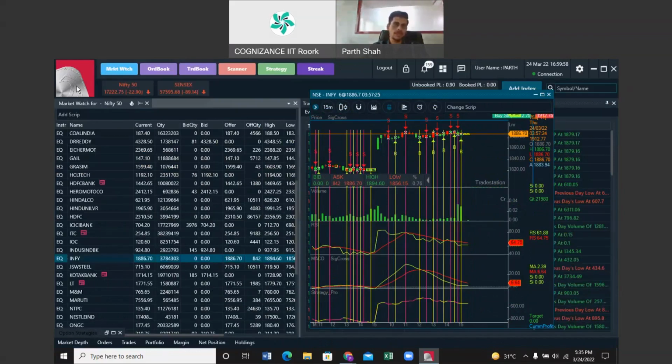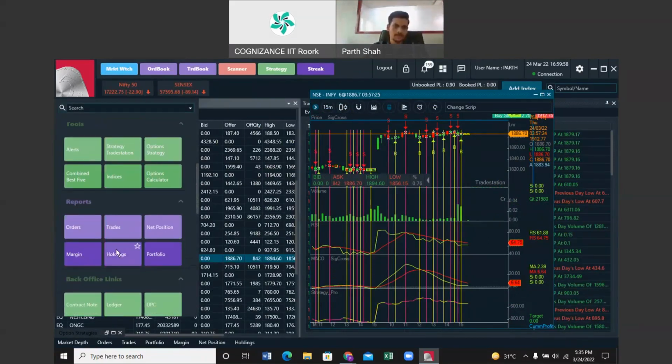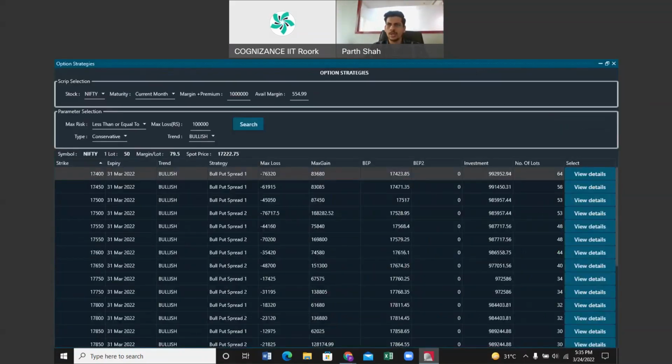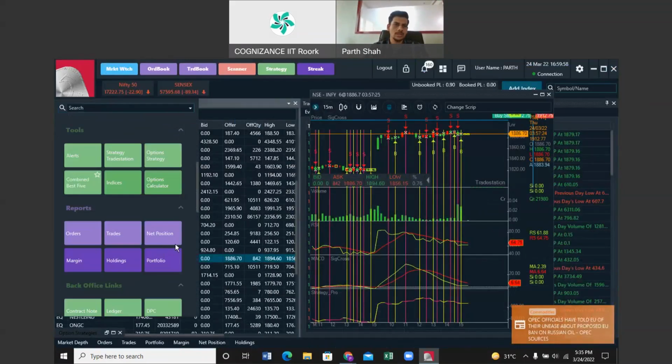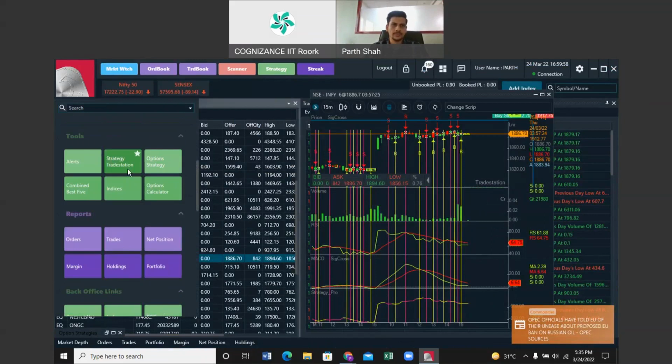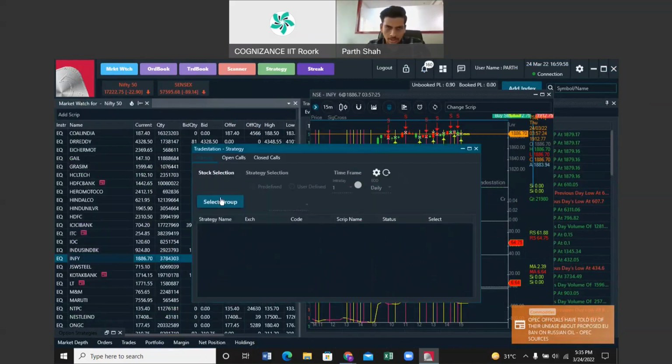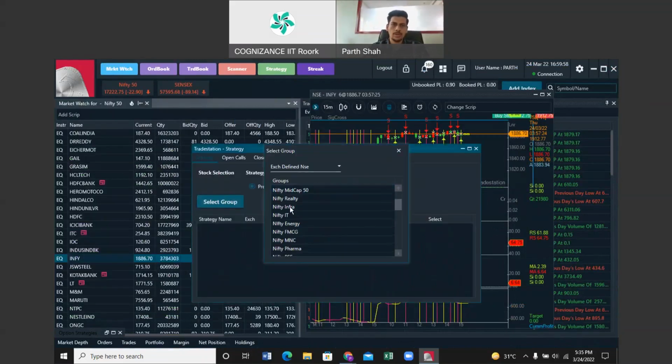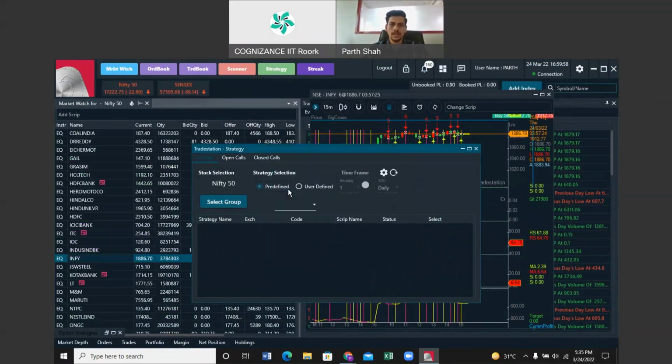Strategy wizard. So this strategy, option strategies, strategy trade station. I can always select the group. Say I want to analyze this strategy on this particular Nifty 50 group.